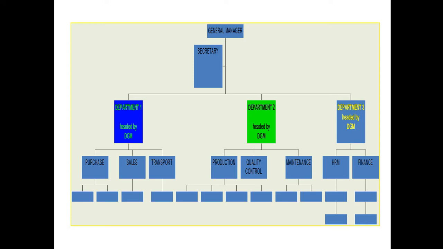And department 3, I have put HRM and finance. And you can give names to these departments as you wish. In each department, there are some number of other employees also. Of course, I have not put in the workers who are going to work in the factory. So this is a representation of the officer level people in the company.